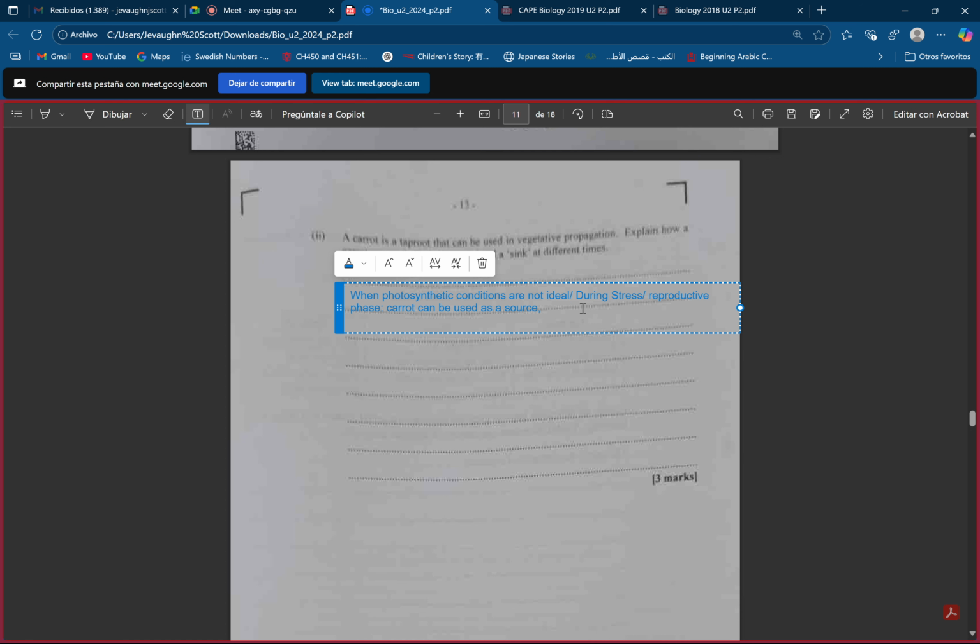Plants can undergo stress through there, right? Or we could look at the plants being attacked by different organisms through predation. So these different things can cause the plant to stress. I'm just naming 3 different times in which the carrot can act as a source.